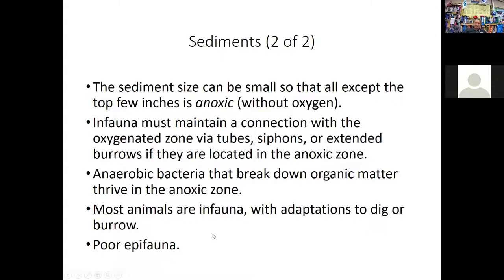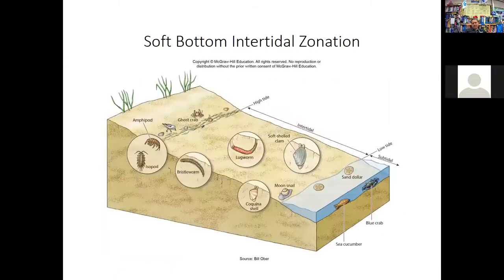The epifauna, remember, the ones that live just on the top there, but they're poor because they are more susceptible to whatever's out there, like competition, like predation, more exposed to the environmental cues. So a better adaptation is to be an infauna.